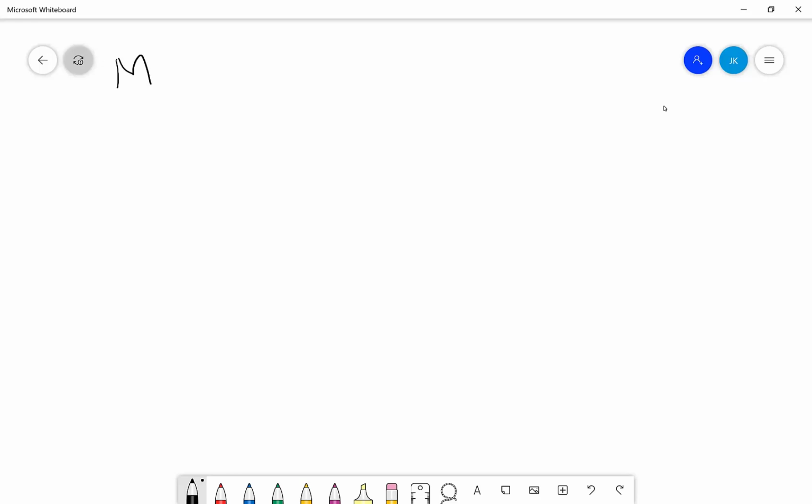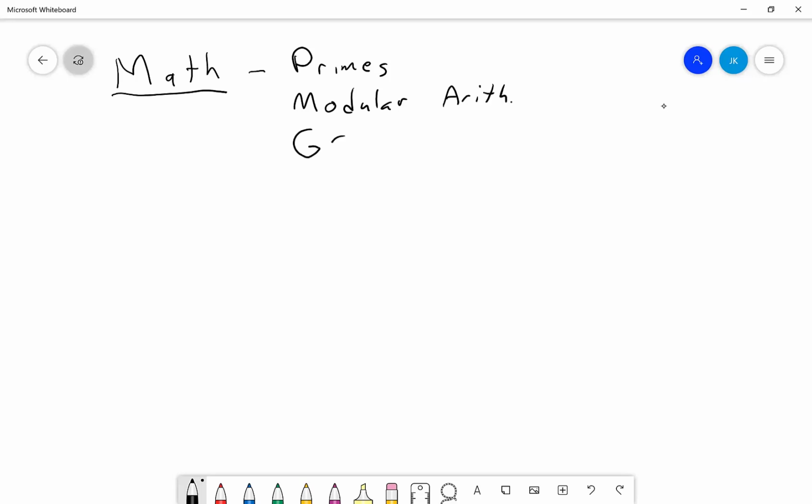Our next math topic is one that is actually a combination of a few different topics, and I hope you'll see why we put all of these together. We are going to talk about prime numbers. We're going to talk about modular arithmetic. We're going to talk about the GCD operations, including the extended Euclidean algorithm.